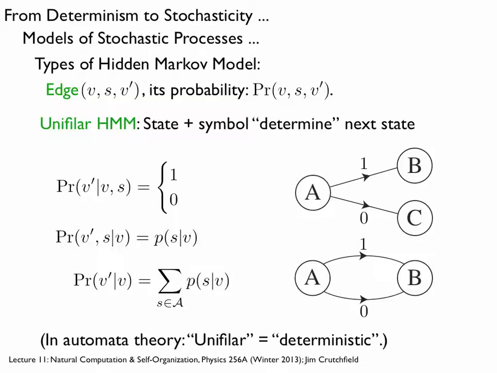And actually, those people that have studied some formal language and automata theory: unifilar is the vocabulary from information theory. If you study automata, these are deterministic automata. So the use of the word deterministic here is this interesting vocabulary collision between two fields.